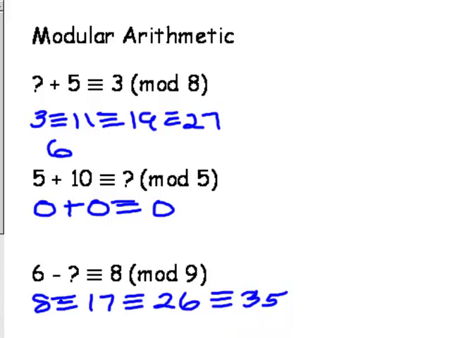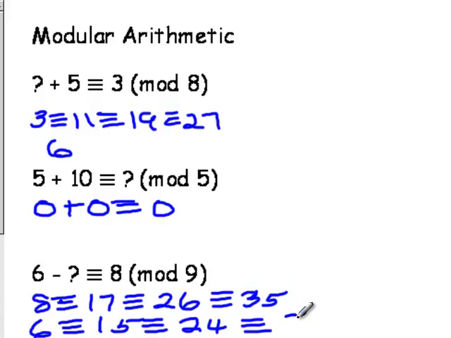Now, one of the things you might want to notice here is what are the numbers that are congruent to 6? 6 is congruent to 15, which is congruent to 24, which is congruent to 33. And there would be more. But those are the first 4.